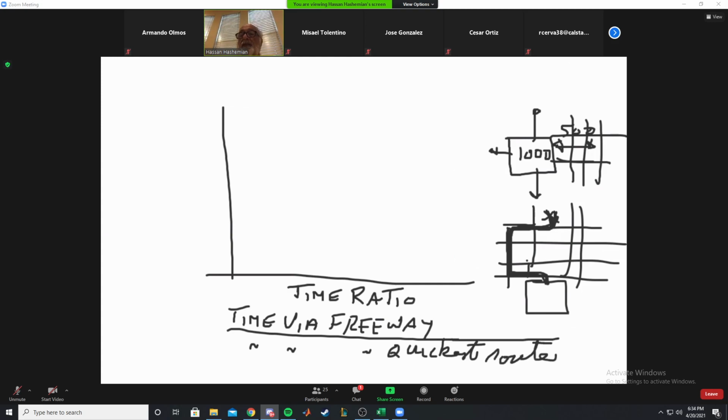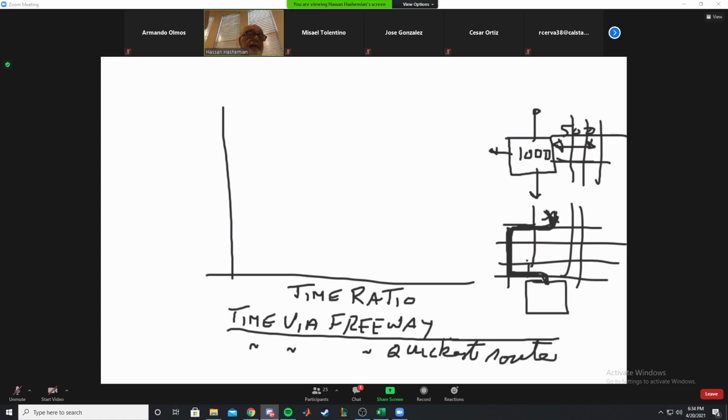So we get this time ratio. For instance, if you use the freeway and it takes you 10 minutes, and if you use the quickest road and it takes you 5 minutes, then the ratio is 2, or vice versa. So you get that time ratio.